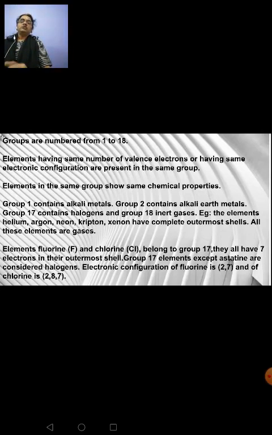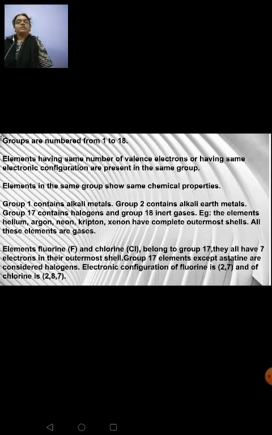When you consider, you will have these elements: hydrogen, lithium, sodium, potassium. They are all coming under group number 1. So the specialty is that they will have only one electron in its outermost shell. So the group number represents the valence electron present in the outermost shell of the element.